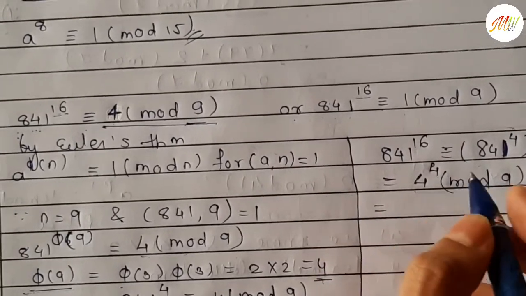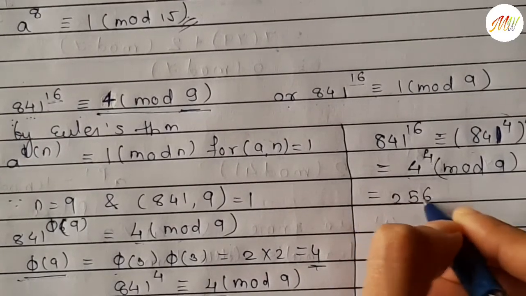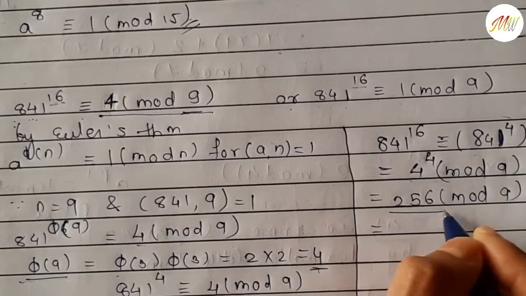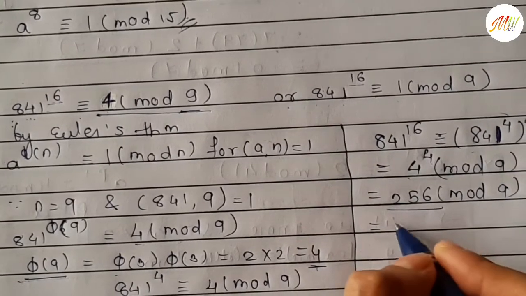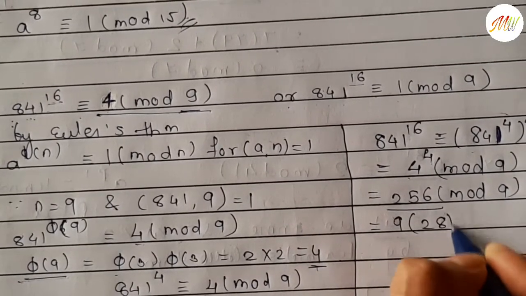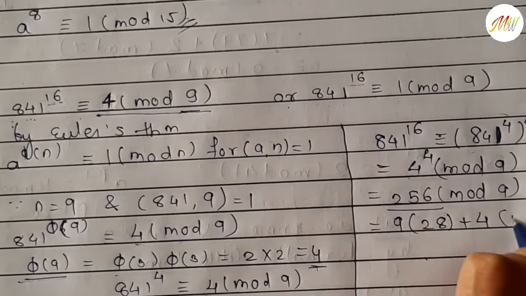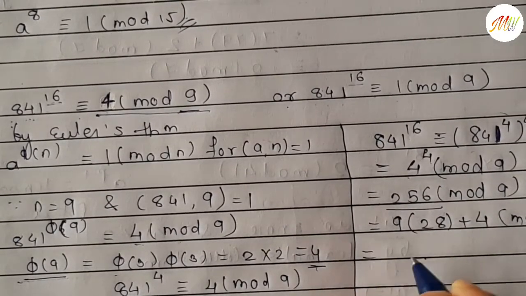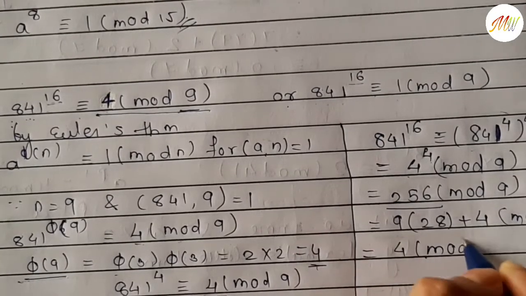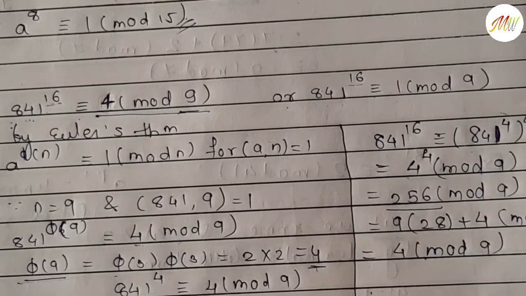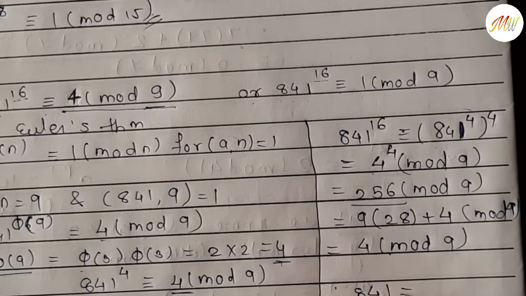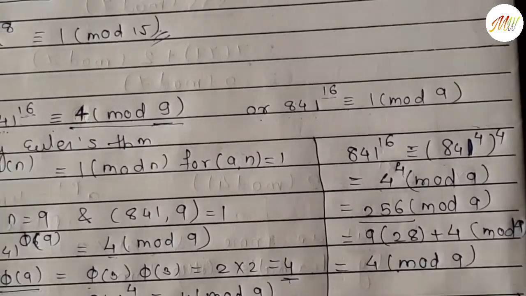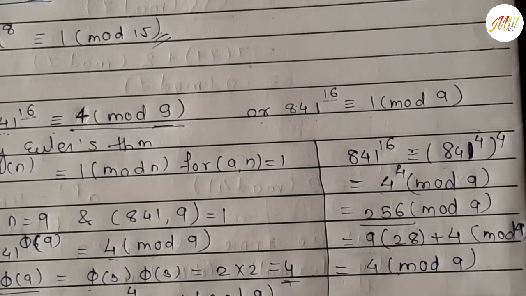Now what is 4 raised to 4? Is 256 mod 9. Again we split this 256, then we write 9 into 28 plus 4 mod 9, which is equal to 4 mod 9. Therefore is congruent to 4 mod 9. That's what we have to show.